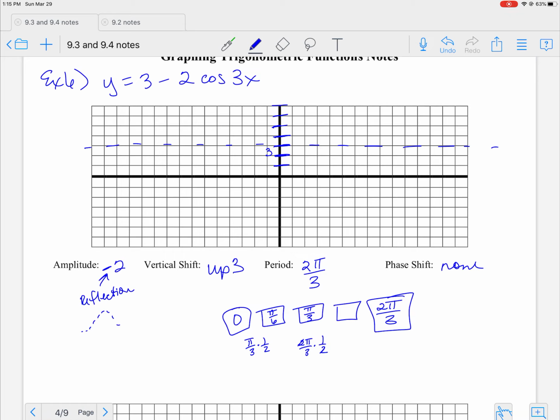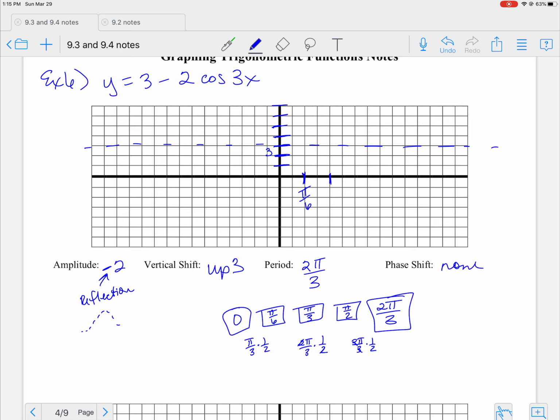Then half of that, 0 plus pi over 3 divided by 2, would be pi over 6. And then over here, I have pi over 3 plus 2 pi over 3 would end up giving me 3 pi over 3. So the 3's go, and I end up with pi over 2, right?